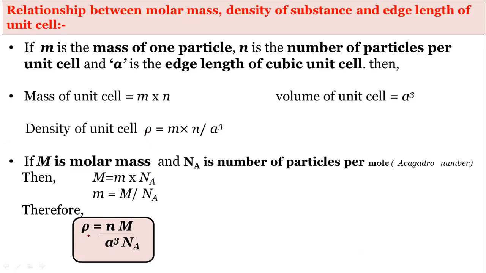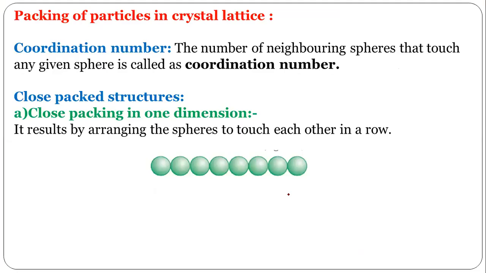This is the relation between molar mass, density, and edge length. Rho is density, n is the number of particles, m is molar mass, a is edge length, and NA is Avogadro's number. So this relation is again repeated here.